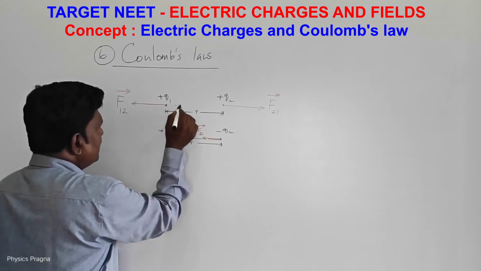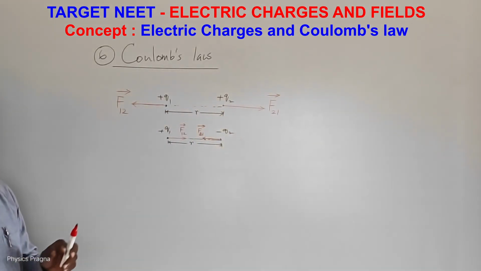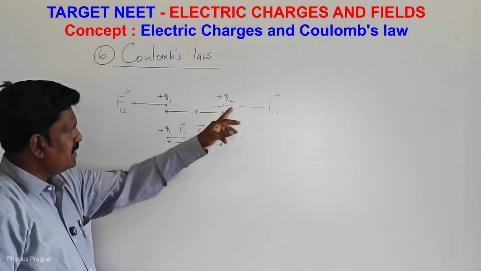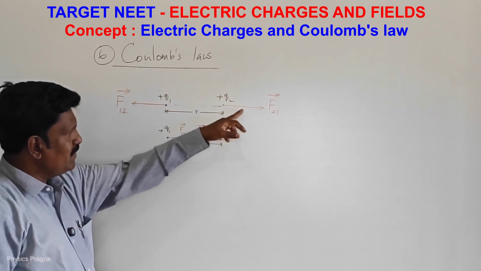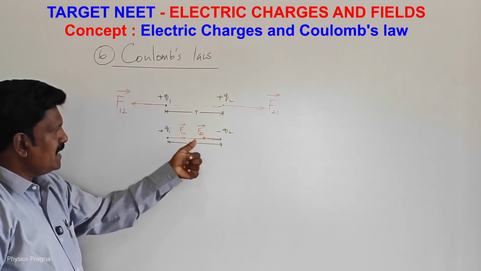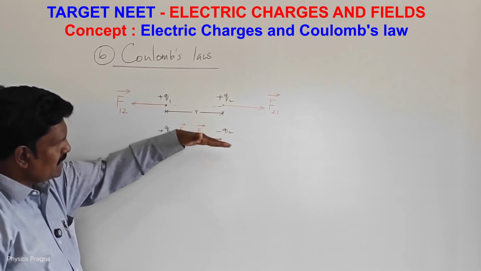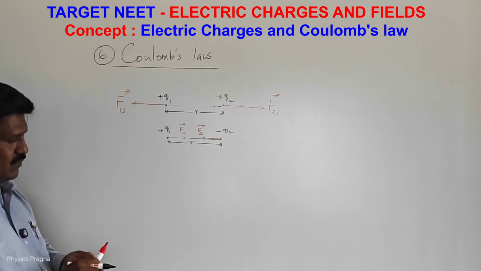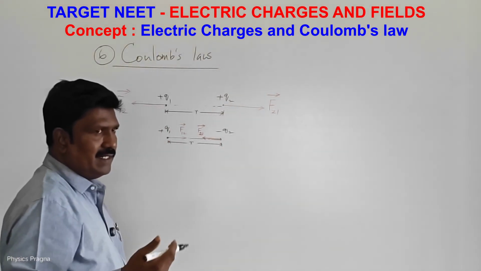So whether the charges are repelling or attracting, both the repulsive force and the attractive force act along the line joining the centers of the charges. That is why the Coulombian force is a central force.